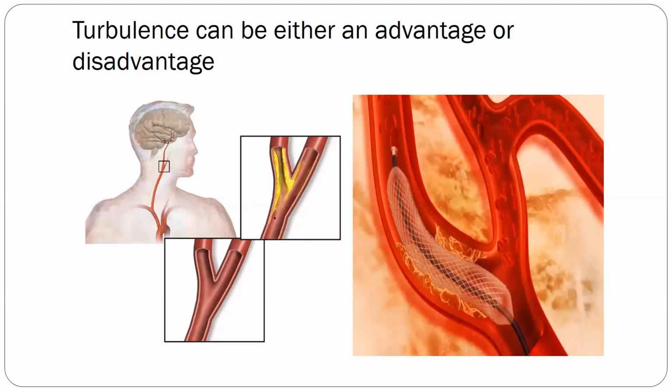Also in biology or medicine, turbulence is known to be of disadvantage. Okay, especially if you put in some medical device or let's say catheters or coronary stents, okay, in your blood vessel. So what will happen is that magkukos siya ng turbulence, okay, like that.